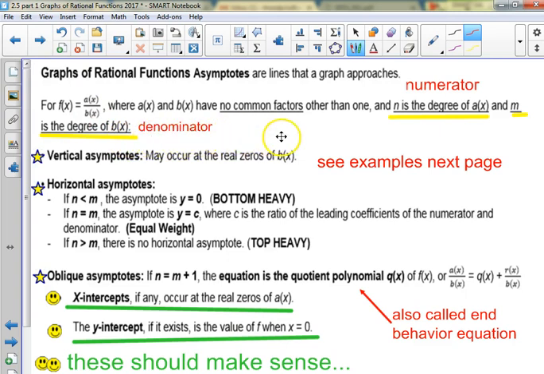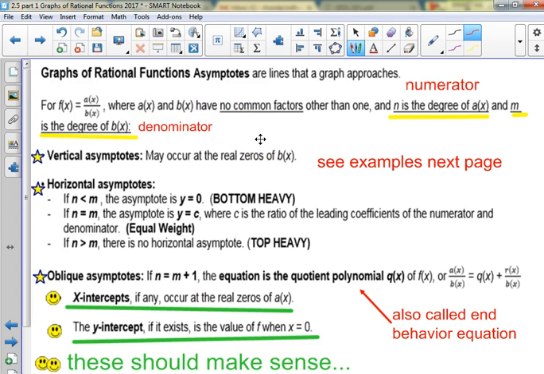All right, this slide is crazy business, but what it's saying is you want to first factor and make sure there are no common factors to the numerator and denominator. If there is a common factor to the numerator and denominator, then there's going to be a hole in the graph most likely.